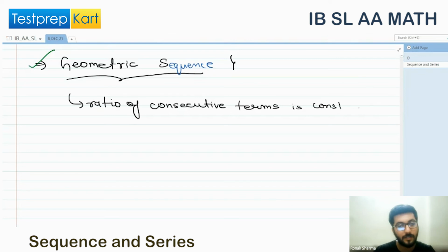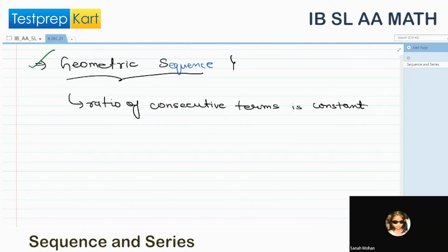In the arithmetic sequence we had the difference of the consecutive terms to be constant, right? But here we have the ratio of the consecutive terms. So what is ratio? We are dividing basically. What is the ratio of A and B? That is A by B. Getting the point? Okay.